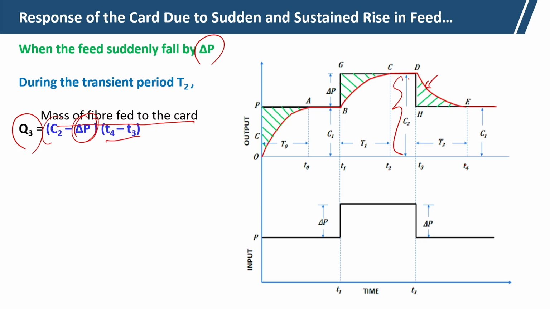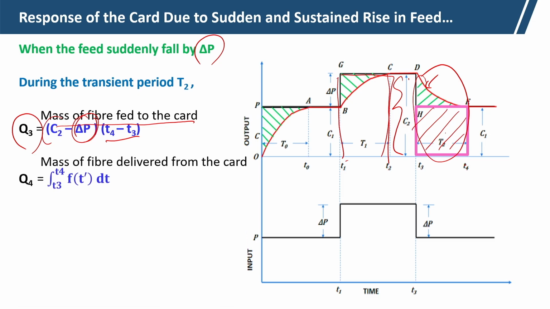That is the total mass fed to the card during that time, the Q3. Earlier the mass feed was this one. Now we are feeding less mass because we have suddenly stopped. So, this is the mass fed, but here you can see the cylinder is still loaded.